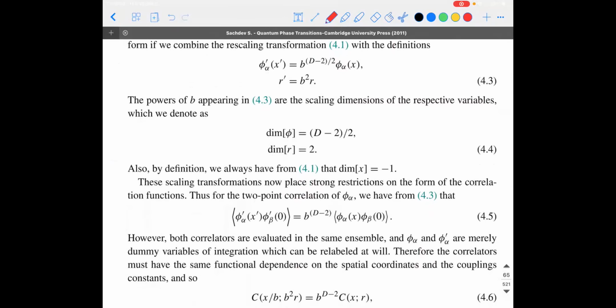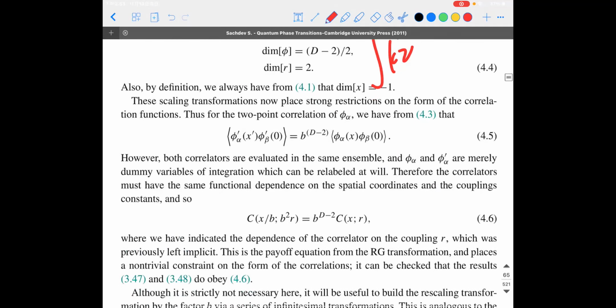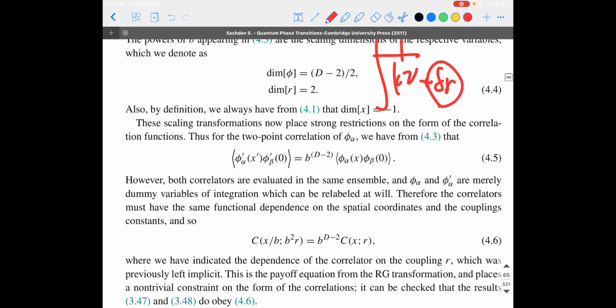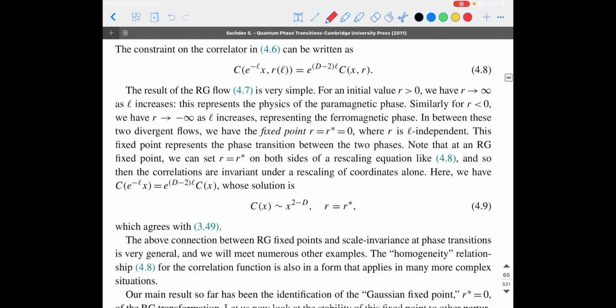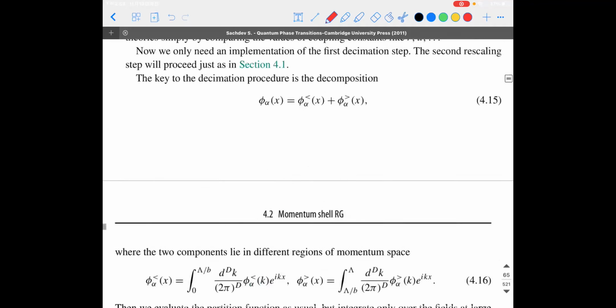When you do the expansion around the Gaussian fixed point, then the integral of 1 over k squared will definitely become divergent for delta r, but it will be finite for rc not 0. Okay, I think this is a key point when you do the perturbation theory.